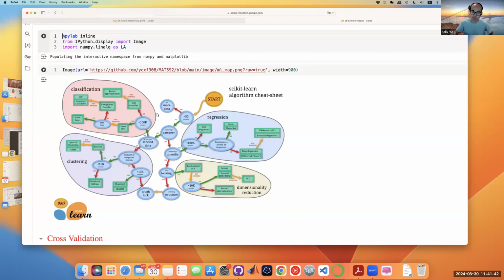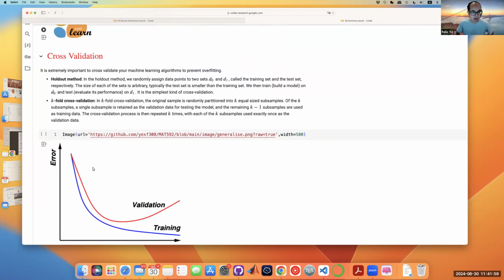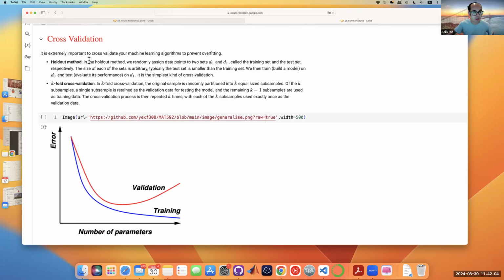One very important part in this whole course is that we need to use the cross-validation idea to prevent overfitting. As you can see right here, this is the training error and the validation error. You can use something called the holdout method that randomly assigns the data into two parts, 80% training and 20% testing.